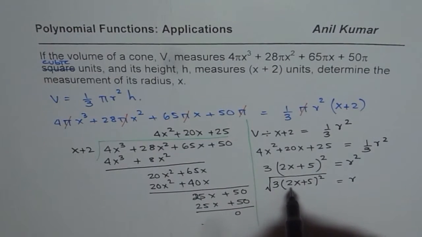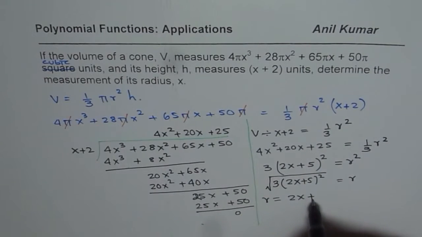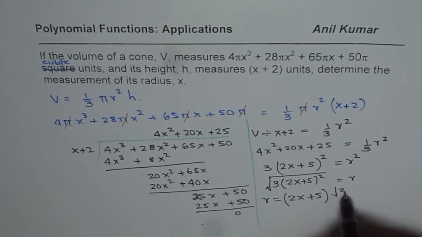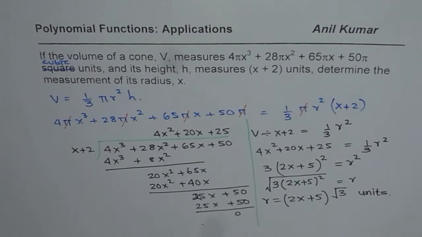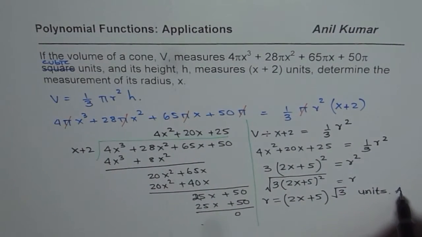So from here we get 2x plus 5, so r is equal to 2x plus 5 times square root 3 units. So that is how you can solve this question. You get the radius of the cone, and that becomes your answer.